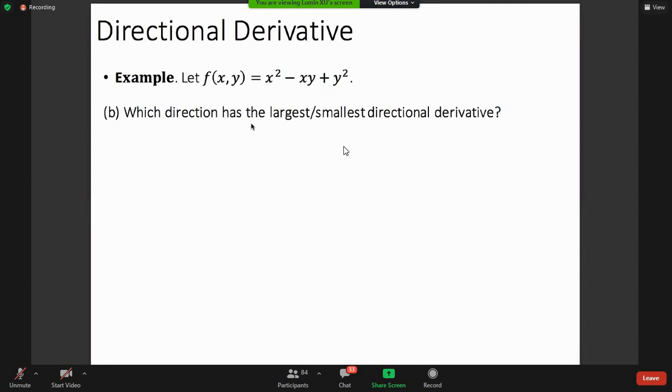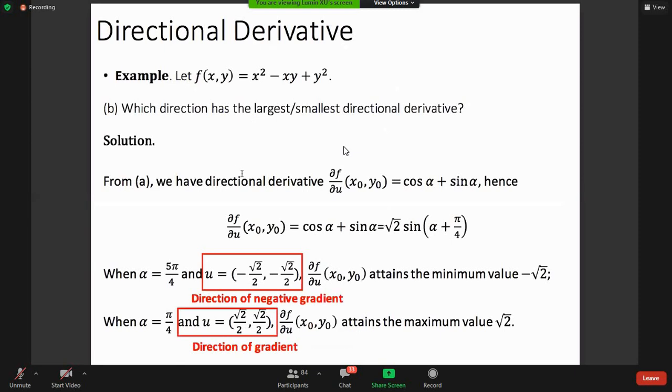In fact, it's a question about sinusoidal function. We already know the directional derivative is like that. And in order to decide the largest or smallest value, we should first reformulate it as a sine function.